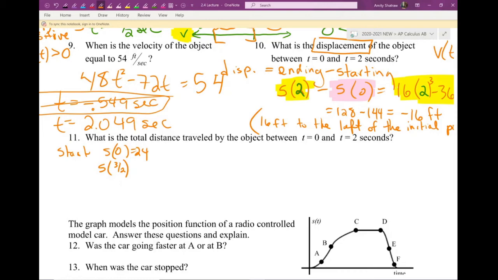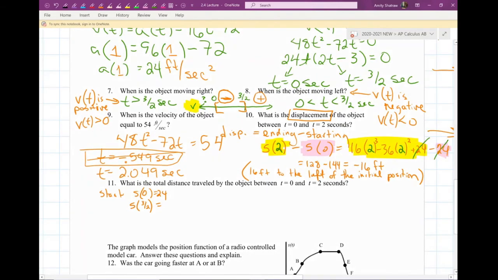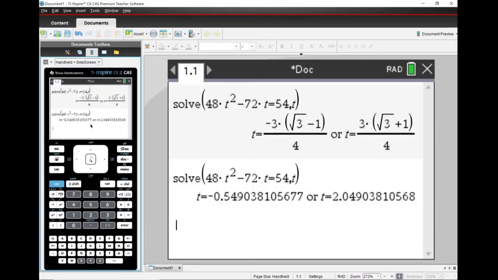Well, we go ahead and use a calculator on the initial function. My initial function was 16t cubed minus 36t squared plus 24.